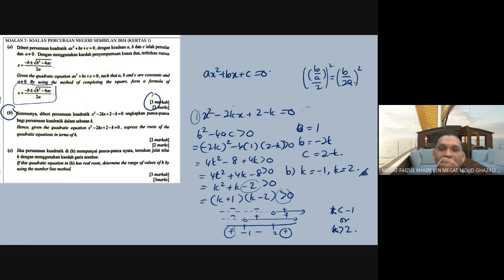Okay, so when it comes to the function given here, express the roots of the quadratic, then we use b squared minus 4ac. Then let's find out what the value of k is. And for question C, the quadratic equation in B has real roots, so b squared minus 4ac is greater than 0. So that is the clue for questions B and C.